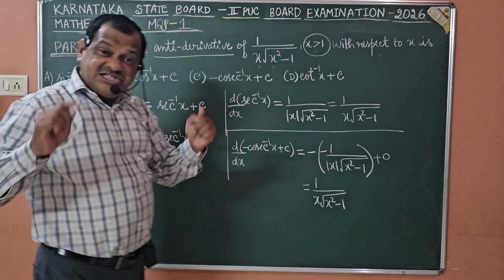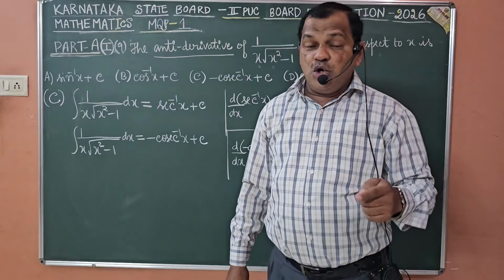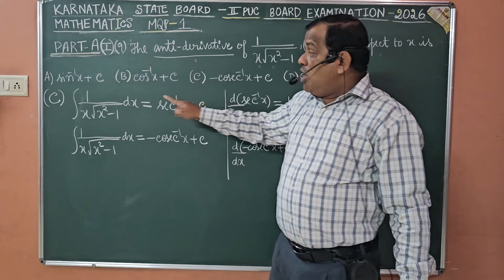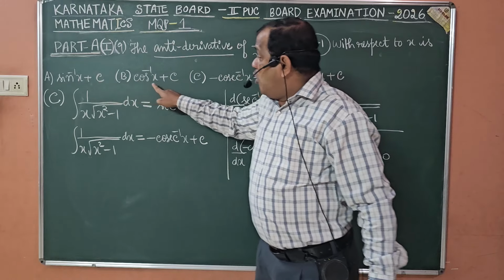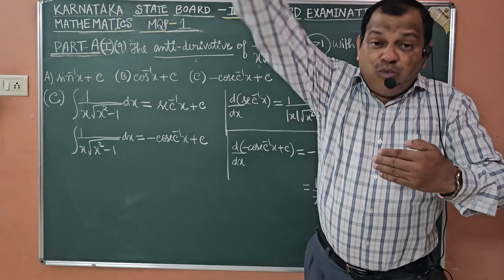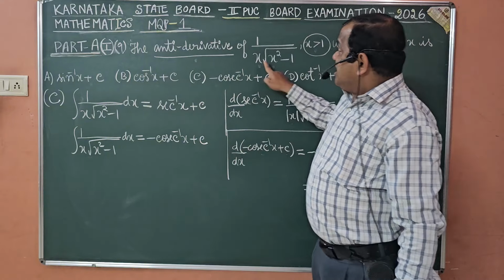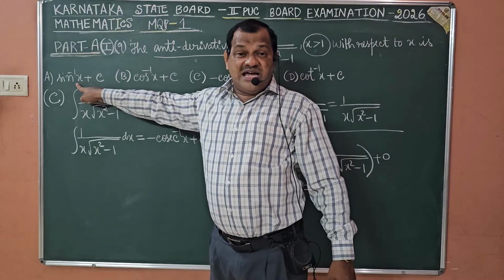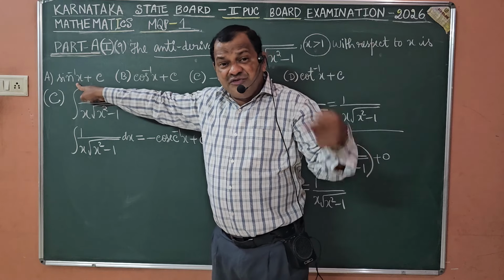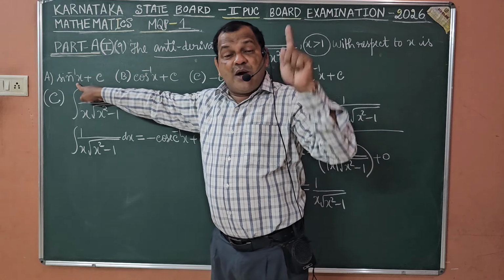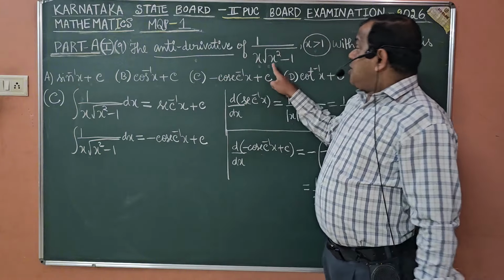At this juncture, I would like to tell you one more method to find the antiderivative. Start from the 4 options and differentiate them. See whether you get the given question or not. For example, start with the first option, sin inverse x. Its differentiation is 1 by square root of 1 minus x square, not this.